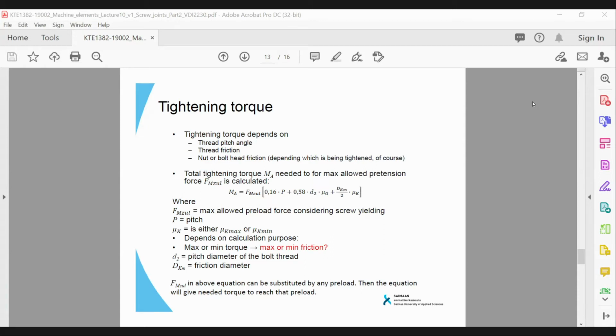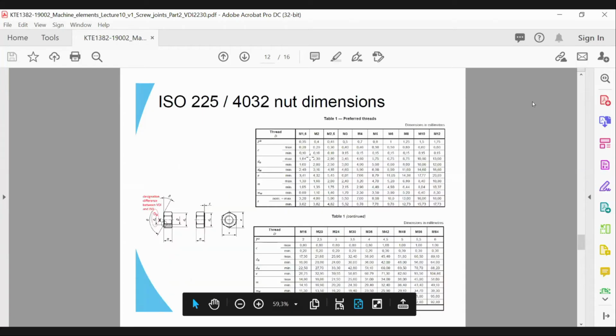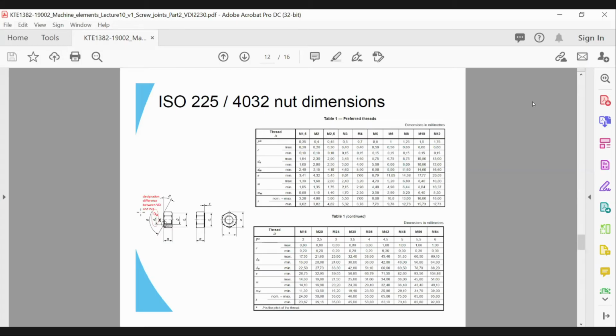Thomas, do we take pitch dimensions from the ISO table? Is it correct? Yes, you have to use these ISO tables because mostly they are given, but you just need to see that the designations differ in these two instances.